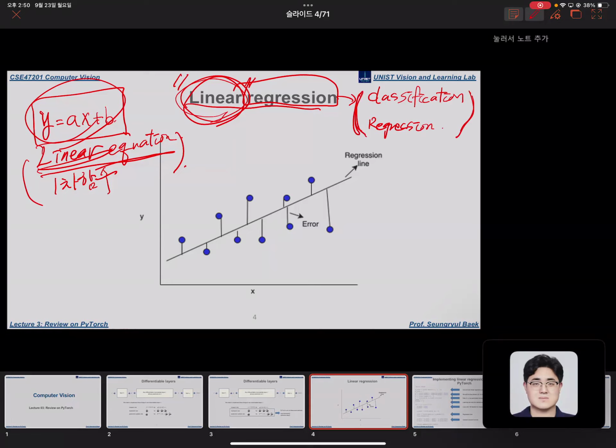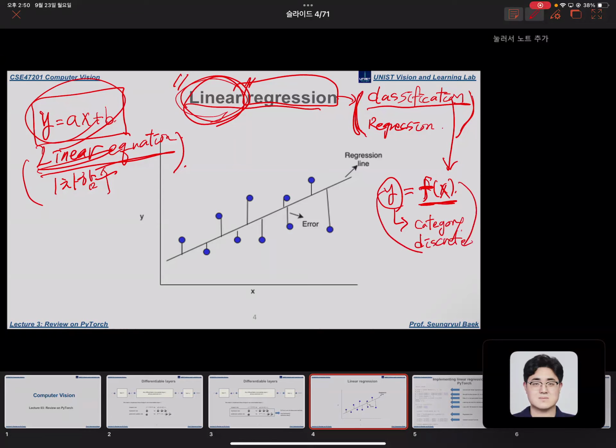In classification, they output the function f. If we input some input x to this function f, then this y would be output, and this y means some discrete category.